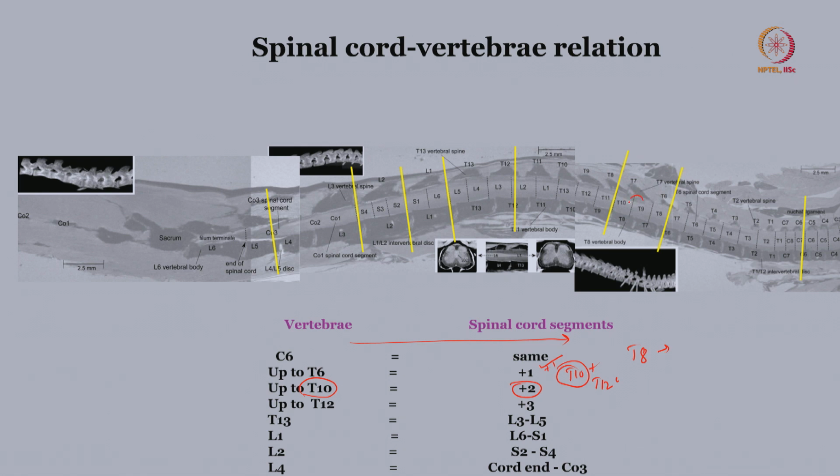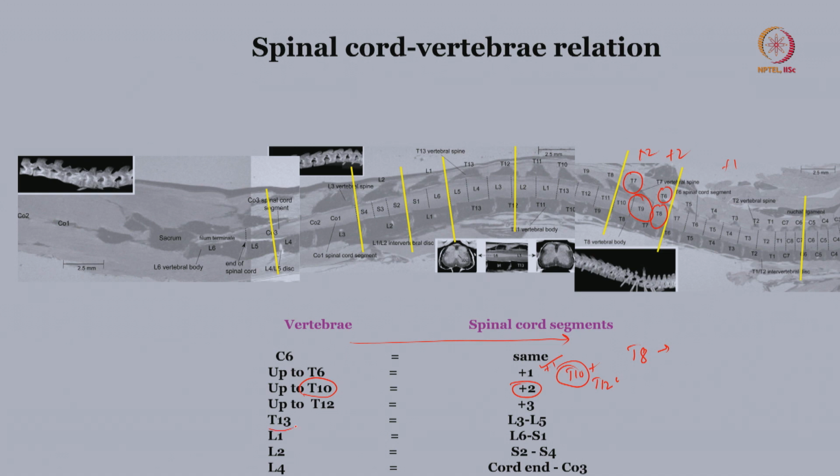So T9 is T7, so you are adding plus 2, and then you see T6 has the T8 segment, that is again plus 2. So that is the importance. From C6 to T5 you will be adding at least one cord segment, so that is plus 1.